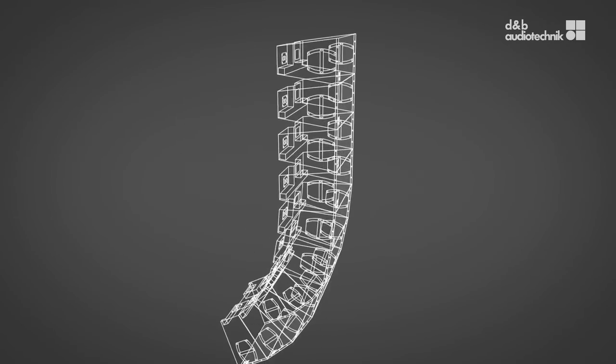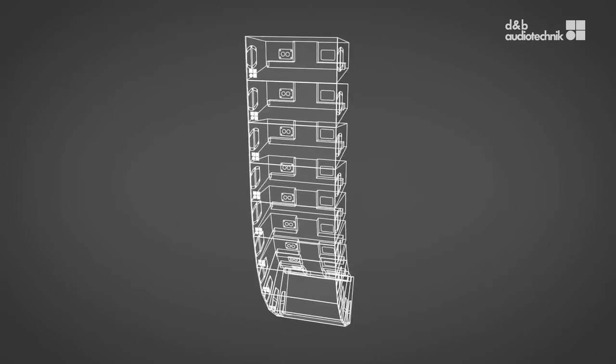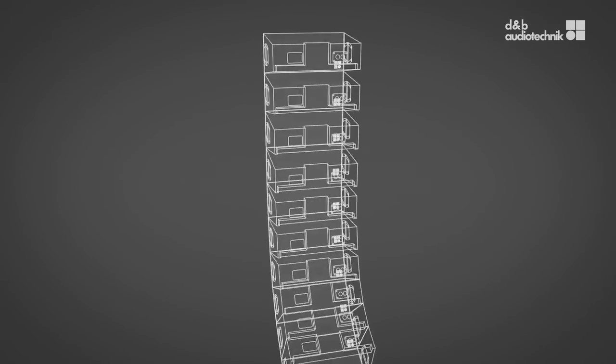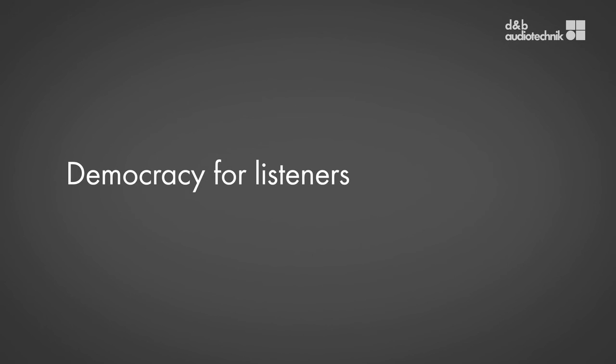Array processing adapts and evens out the vertical directivity, which can result in a more consistent direct-to-diffuse sound ratio and enhanced intelligibility, especially in reverberant spaces. Array processing improves the D&B line array system performance significantly and is the next level of democracy for listeners.